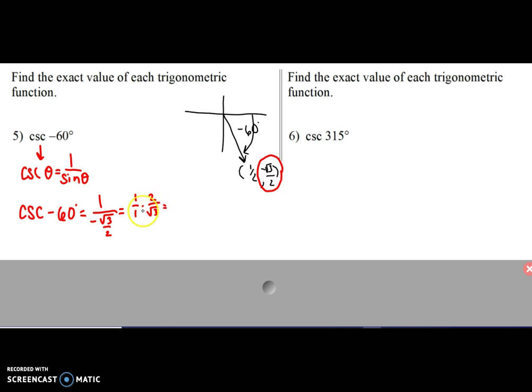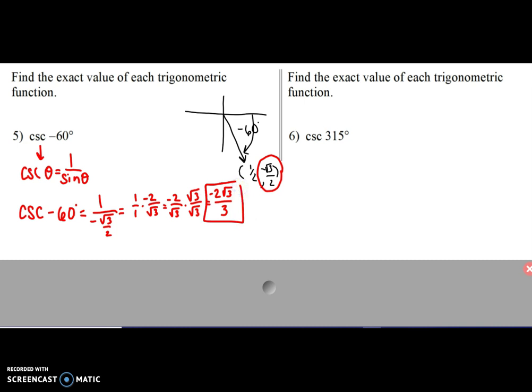Well, if we flip that and multiply, we have 2 over the square root of 3. Can't have that, so square root of 3 over the square root of 3. It's the same steps most of the time. So in the denominator, we just have 3, because square root of 3 times square root of 3 is just 3. And we have 2 square root of 3. And we can't forget that this was negative, so let's push that along.